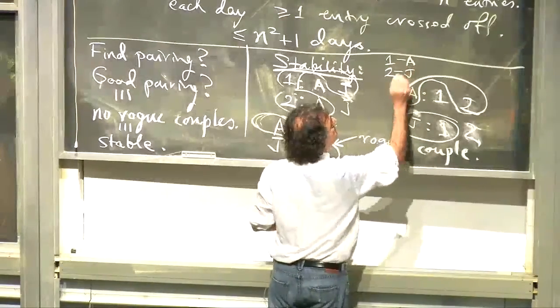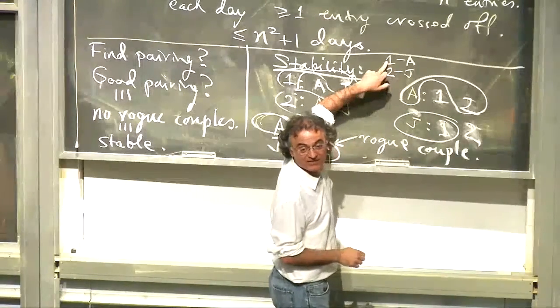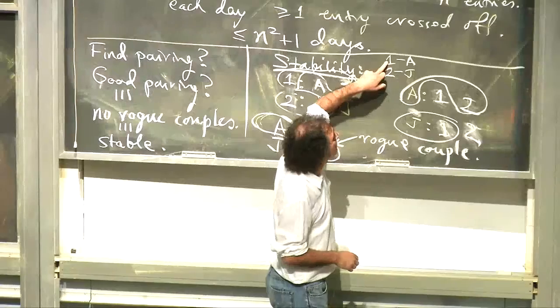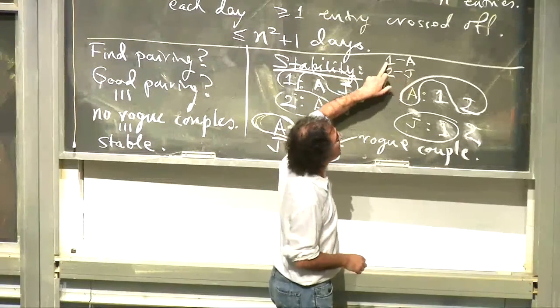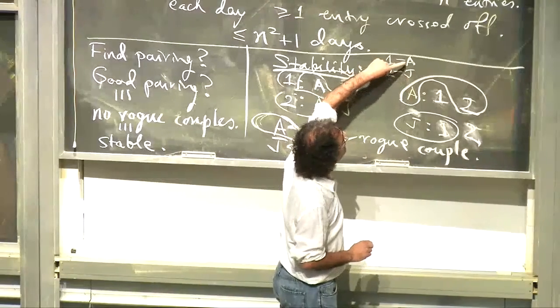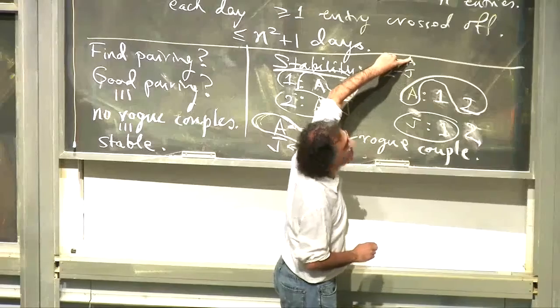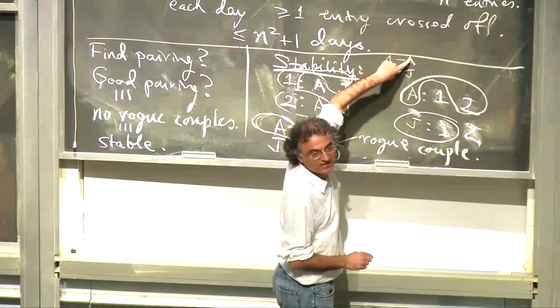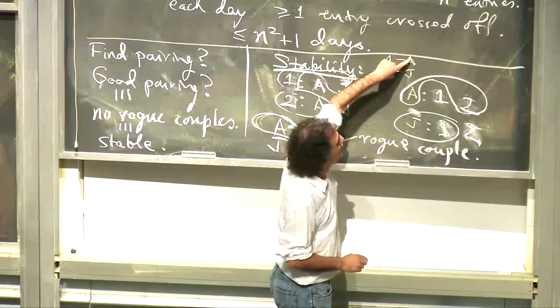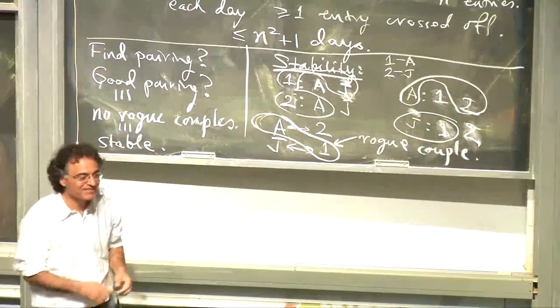Look at it from this point of view. J would rather be with 1, but 1 doesn't want to be paired with J. 1 is pretty happy with A, so this is not a rogue couple. What about 2 and A? Well, 2 would rather be paired up with A, but A is perfectly happy with 1, so no rogue couples there. Now, of course, 2 and J are pretty unhappy with each other, but that's life.